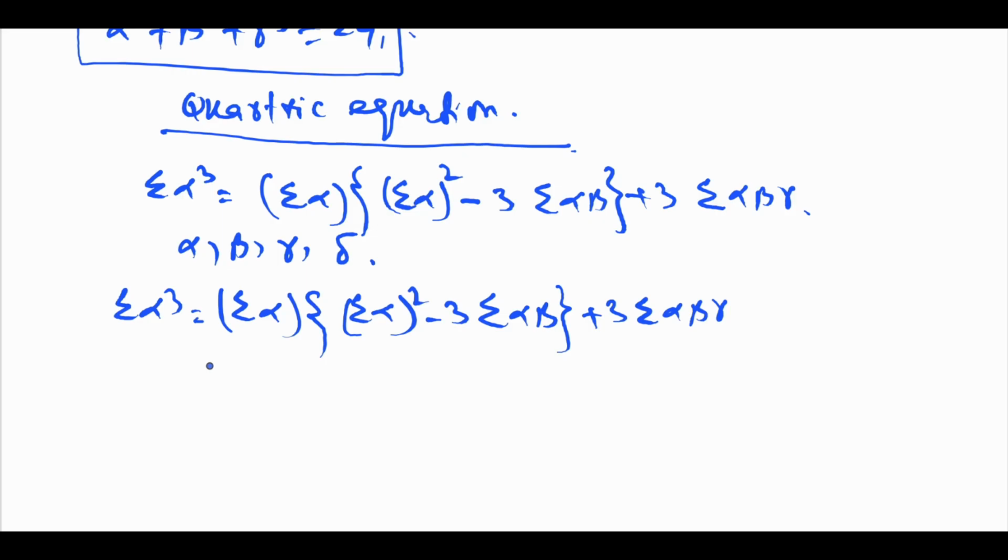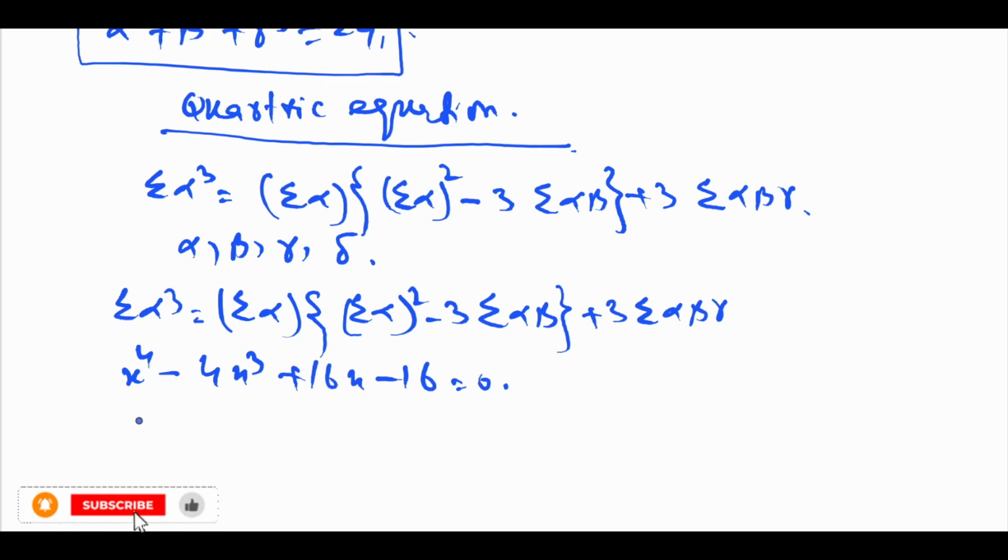Now for example, I am taking any quartic equation. Suppose the equation is x to the power 4 minus 4x cubed plus 16x minus 16 equal to 0.